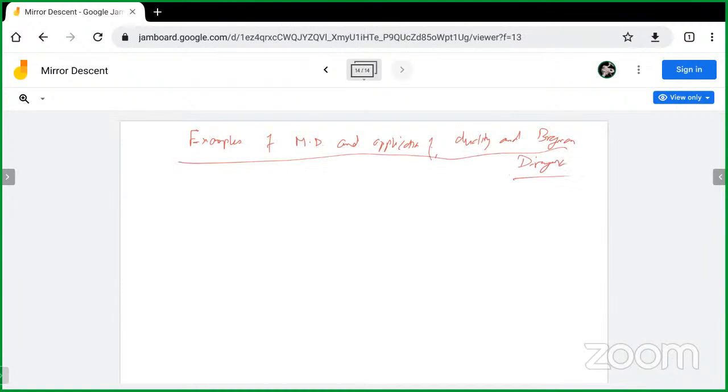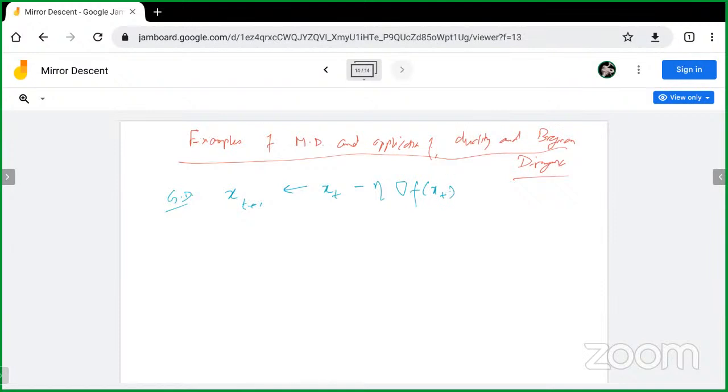Okay. So let's recall how gradient descent works. What's the algorithm? Normal gradient descent is x_{t+1} equals x_t minus eta times gradient of f at x_t.